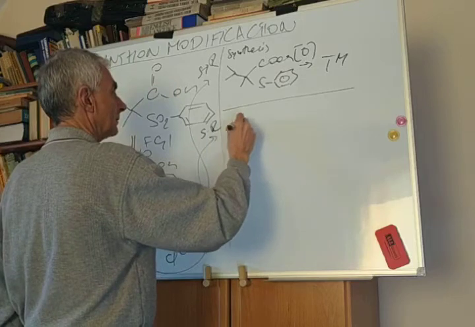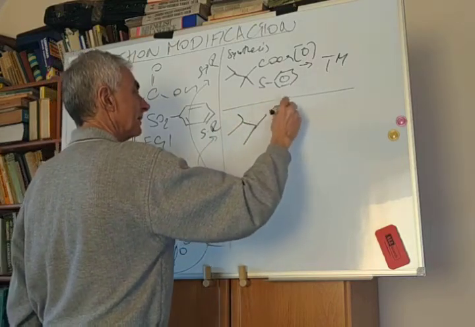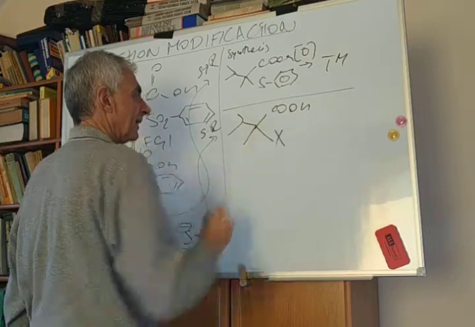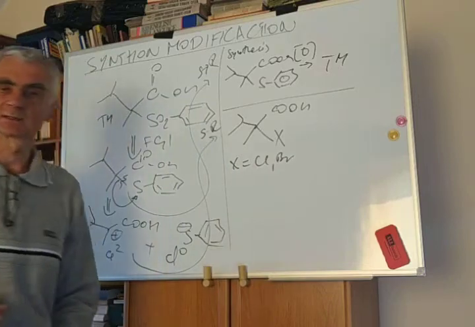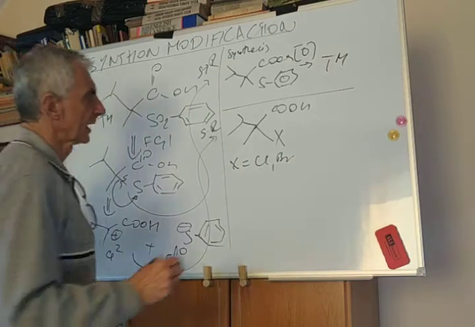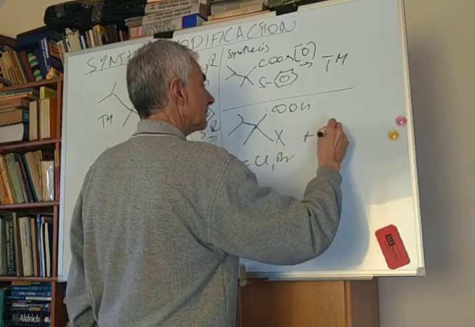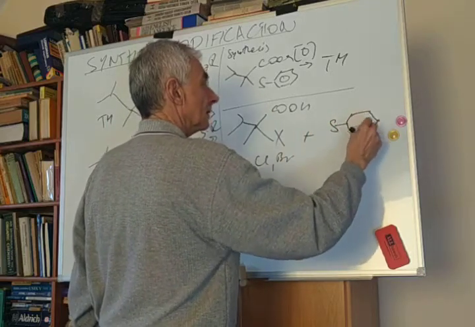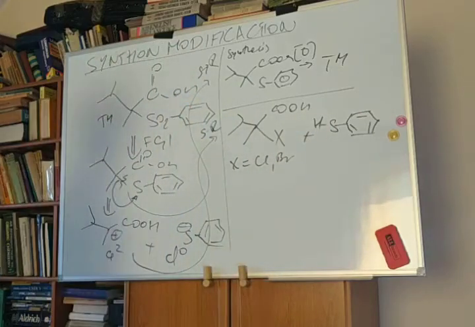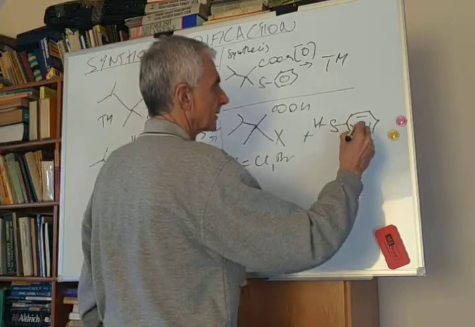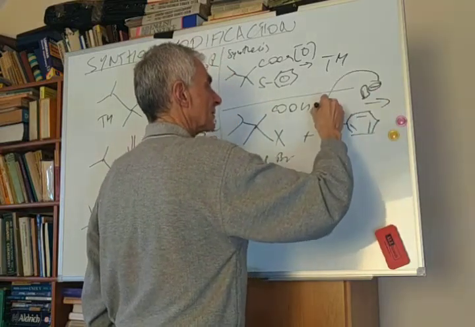So we should, of course, have something like that with an X, where X means chlorine, bromine, and so on, and then such a thiophenol, of course, under basic condition.